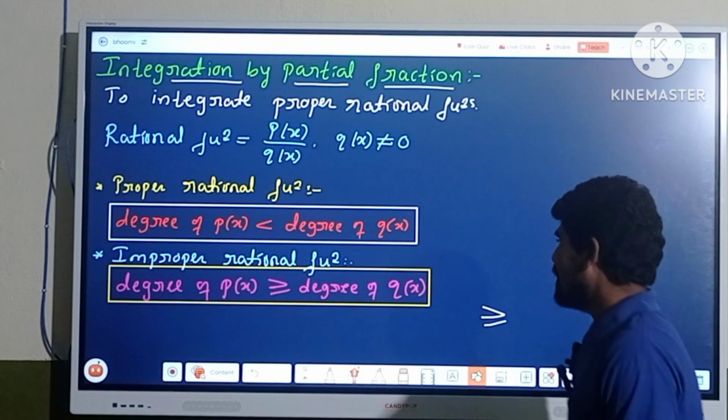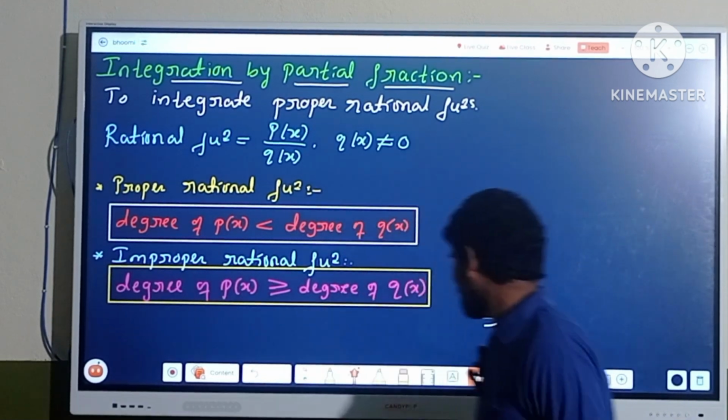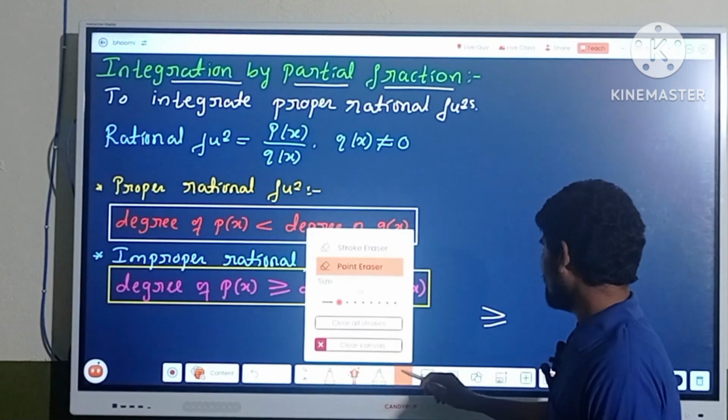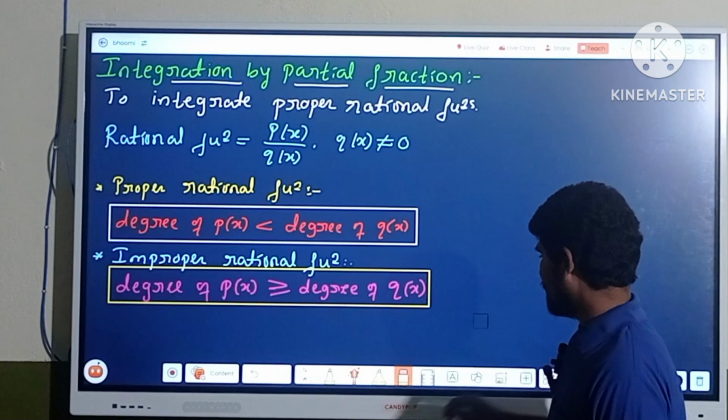Now the doubt is, what is meant by the degree of the polynomial?